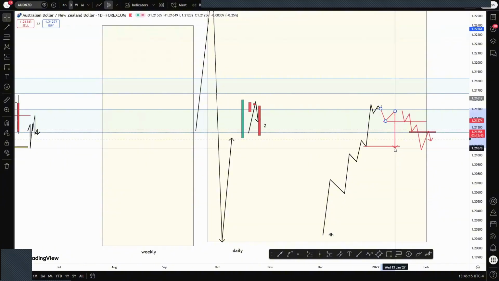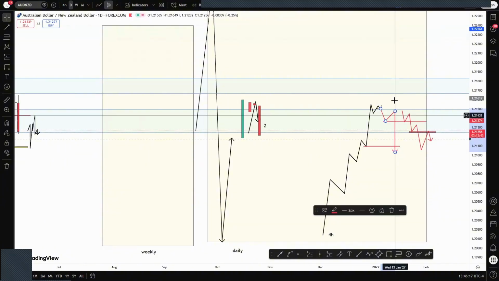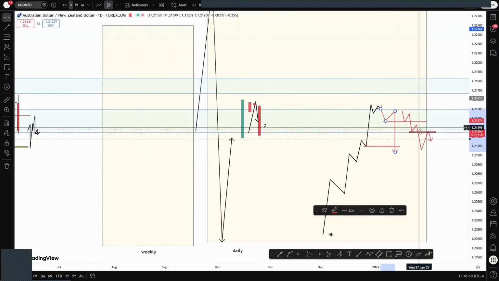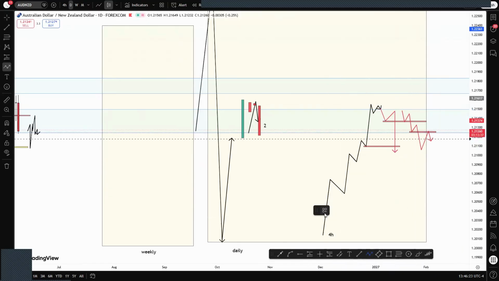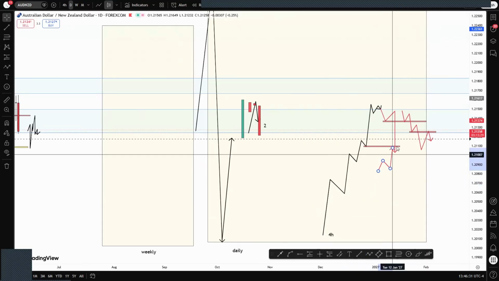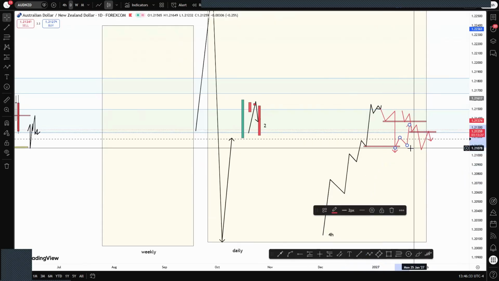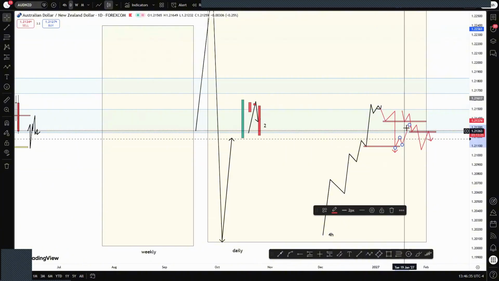If I have this kind of break, without price making any immediate lower lows and lower highs, I expect a bullish retest back to this point here.